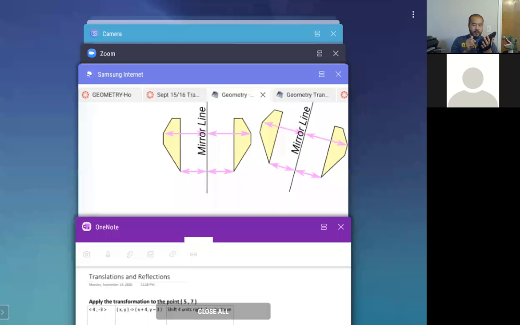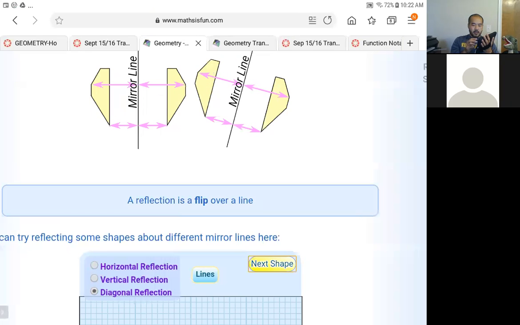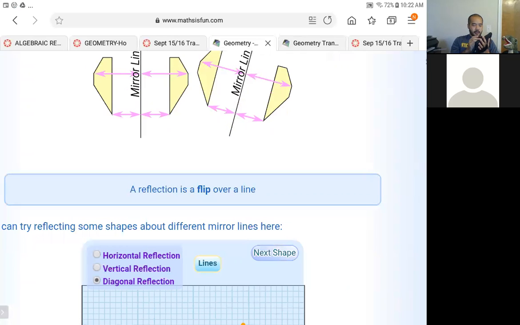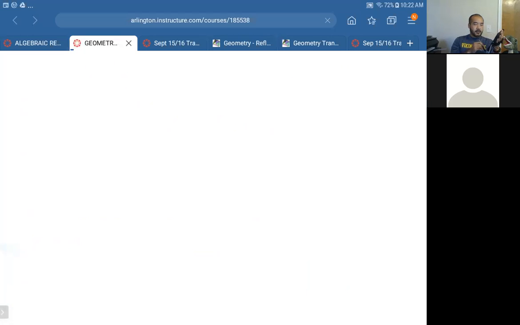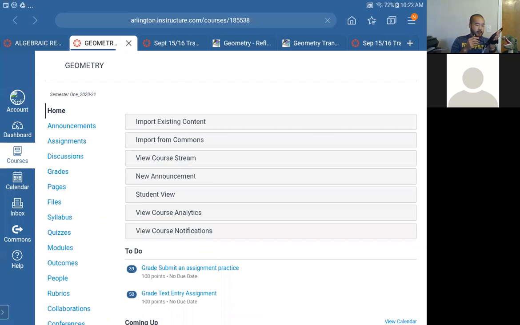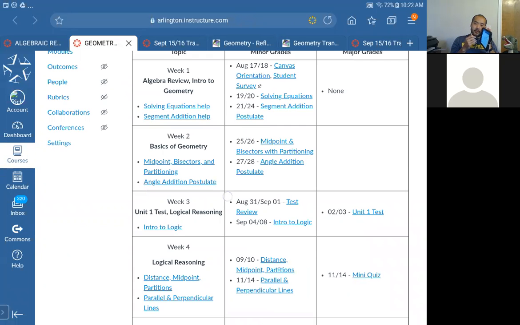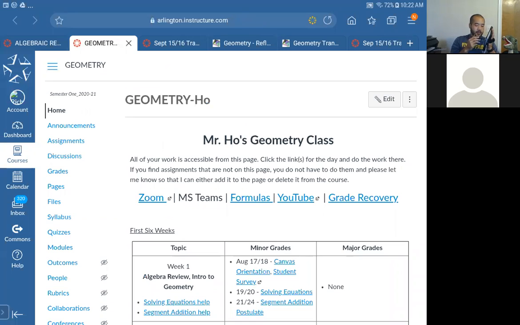I'm going to show you where that is on the formula sheet. I don't have that tab open, so let's go back to our geometry class. At the top, you have all the formulas. So right here, formulas.